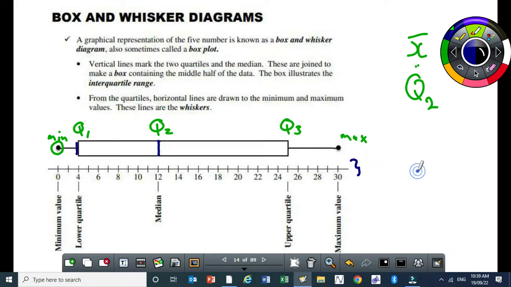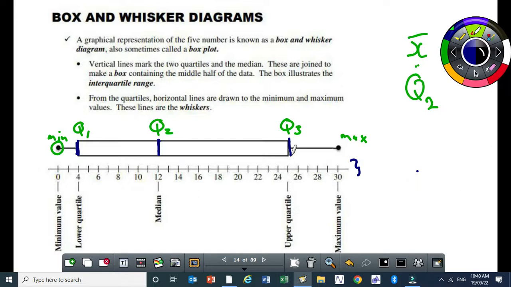All right. So we've got Q1, which is the lower quartile. Then we've got Q2, which is the median. Then Q3, that's the median of the second half of the data set, if you arrange it in ascending order. Then we also have what are called whiskers. They are just horizontal lines drawn from the ends of the box.